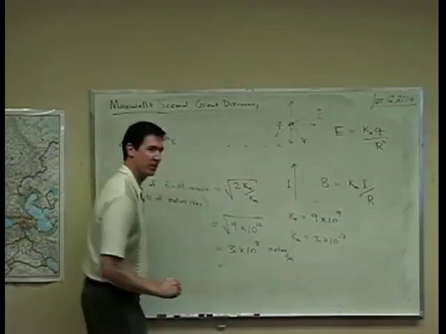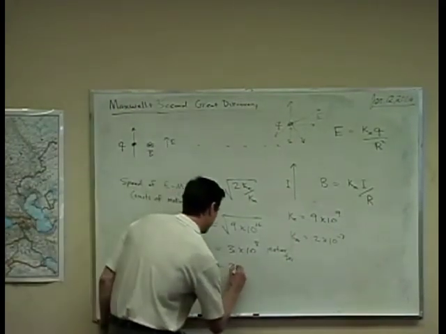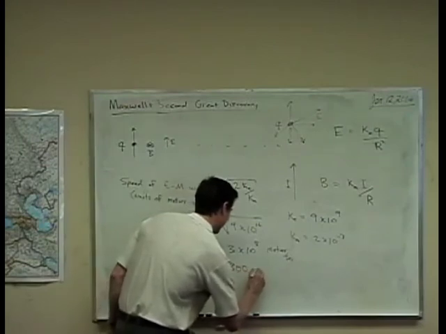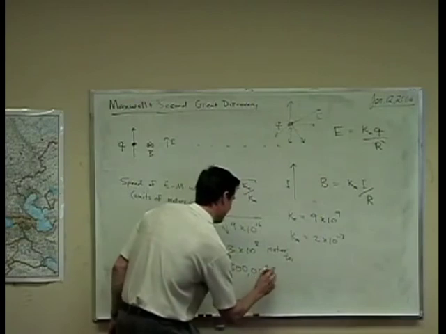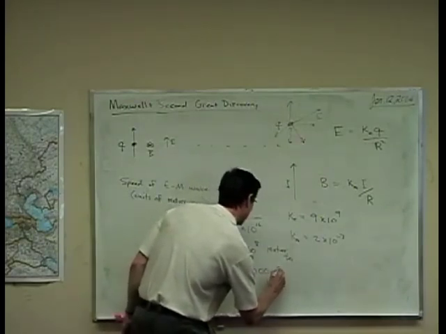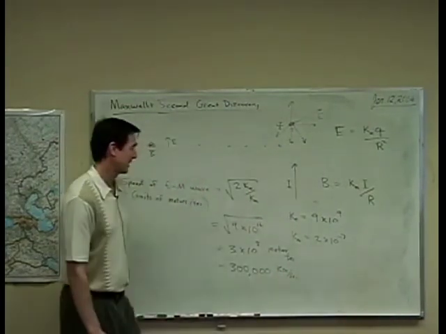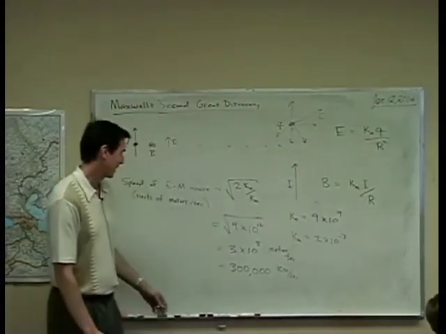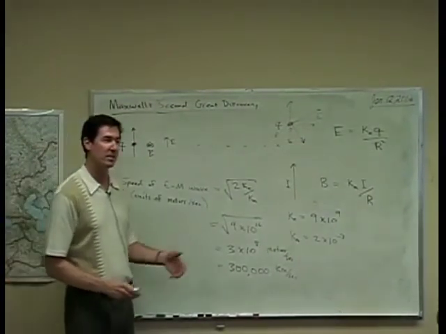And for those of you who don't like exponential notation, I'll put in the zeros. Let me leave off 3 zeros so I can write kilometers per second here. So 300,000 kilometers per second is the speed of this electromagnetic wave.